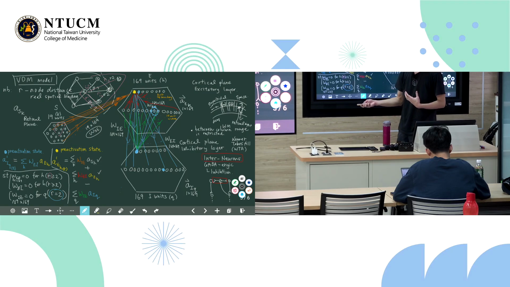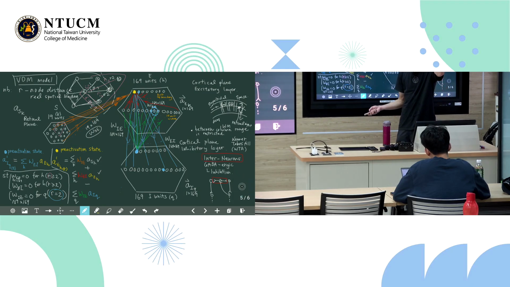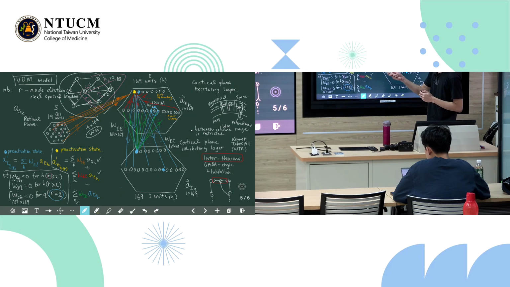Having these will instantiate that figure from von der Malsburg, that the neighbors will excite each other in the excitatory layer, and the inhibitory units will only inhibit around the inhibitory layer, but not beyond and not itself.